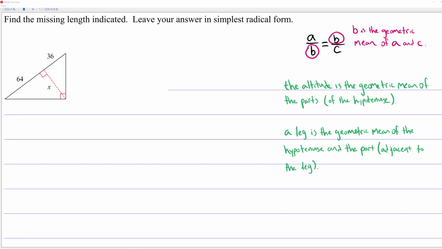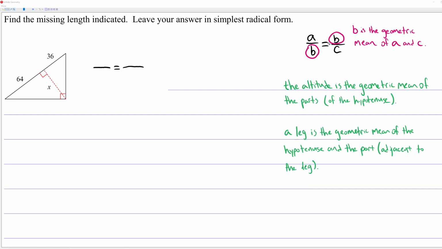If you know that sentence, what that means is you can immediately write down a proportion equation, because the proportion equation at the top right is how geometric means relate three quantities. So let's put this together. My suggestion is that you start with a proportion equation, fraction bar equals fraction bar.